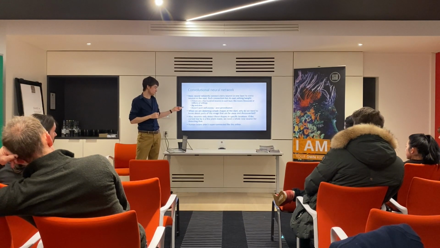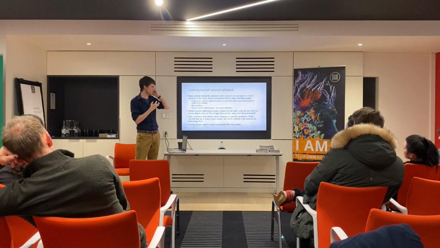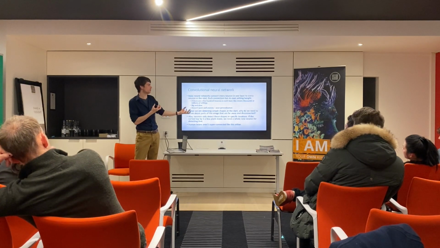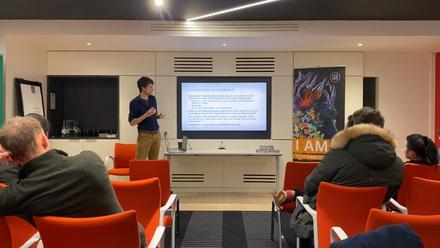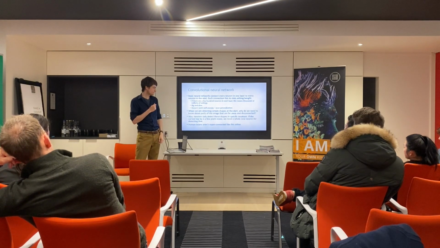And also, this comes back to the point I tried to make about if you've got too many settings, you can just start memorizing the image. So we want to keep the number of settings as low as we can, so that this thing generalizes well.